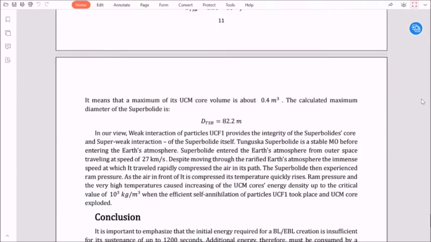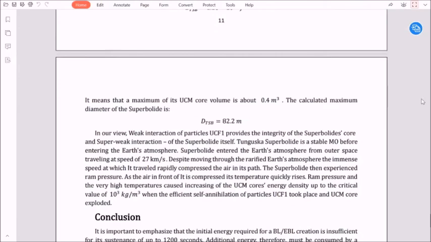Superbolide entered the Earth's atmosphere from outer space, traveling at a speed of 27 kilometers per second. Despite moving through the rarefied Earth's atmosphere, the immense speed at which it traveled rapidly compressed the air in its path. The superbolide then experienced ram pressure. As the air in front of it is compressed, its temperature quickly rises.